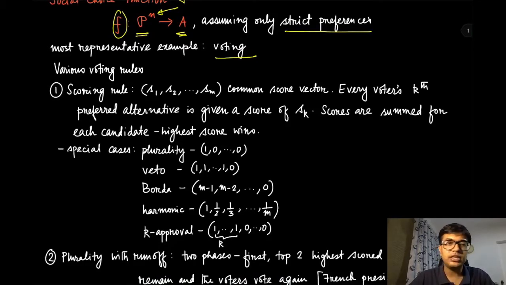So based on the position on which a specific voter keeps an alternative, so let's say we have alternatives A, B, C, and so on, and the corresponding score that one gives to each of these positions is given by S1, S2, S3, and so on.